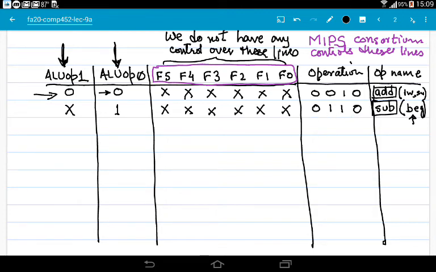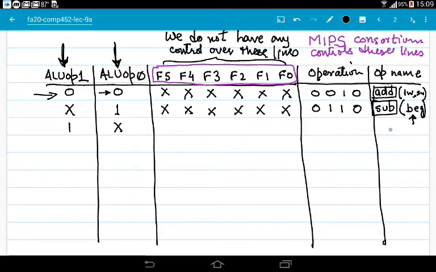Now we say that if the ALU op 1 bit is 1, then we don't look at the ALU op 0 bit, but now we want to look at the function code bits, okay? We want to look at the function code bits.